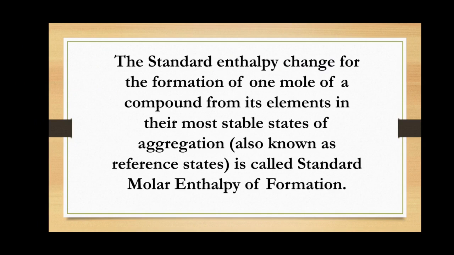Now what do we mean by most stable states of aggregation or reference states? The reference state of an element means its most stable state at 25 degrees Celsius and 1 bar pressure. That is called the most stable state of aggregation. If you take an example of carbon, there are many forms of carbon. At 25 degrees Celsius and 1 bar pressure, graphite is the most stable state, so that is taken as the reference state for carbon.